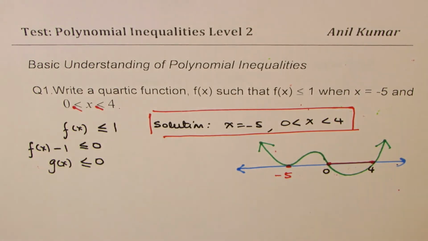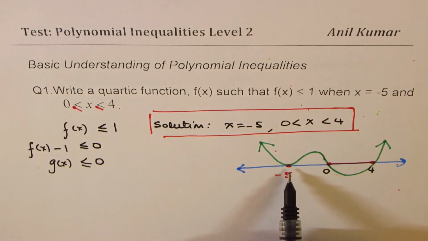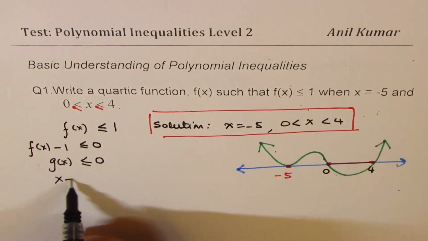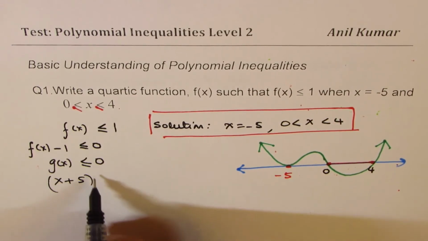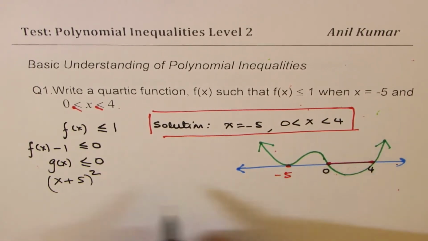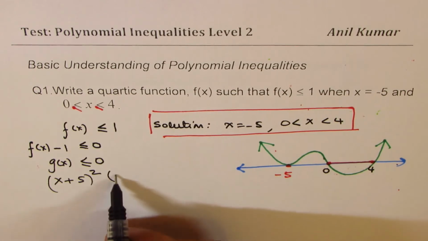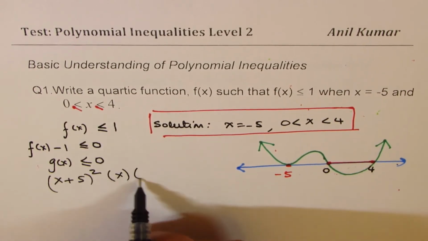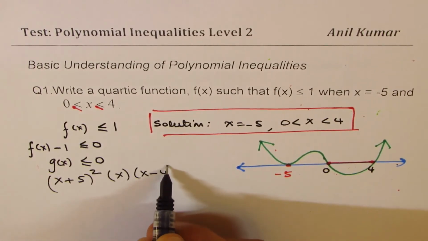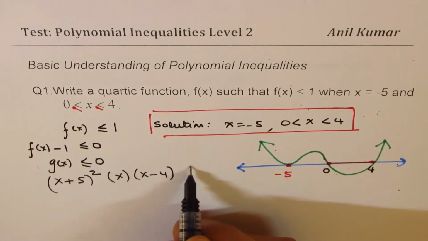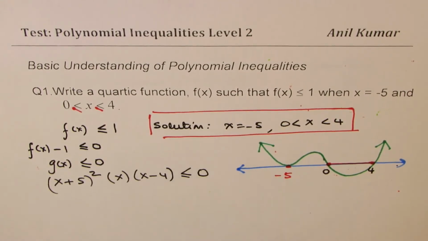So the inequality using these zeros, this is kind of a double zero, right? So we get x plus 5 whole square, right? And here linear zeros means x, and this means x minus 4, perfect, is less than equal to 0. That becomes g of x.